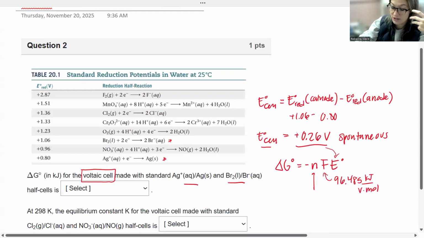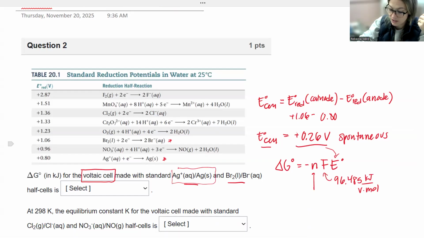Really importantly here, when we calculate E cell, we don't need to know how many electrons are being transferred. But when we transition over to deltaG, we do need to know. Silver gives 1 electron, but bromine is going to take 2. So to have a balanced redox reaction, I need to multiply this by 2 so that I'm transferring 2 electrons from silver over to bromine. So 2 is the number of electrons in our balanced redox reaction.